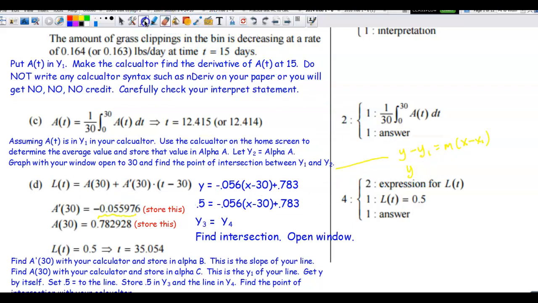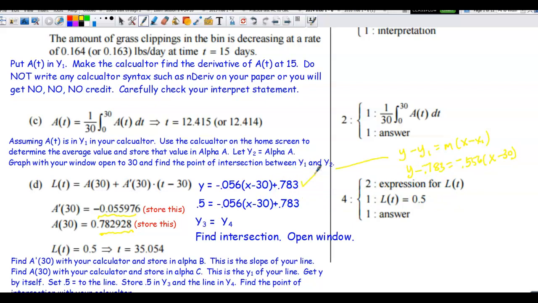So a of 30, I wasn't reading very carefully, is 0.7829. We're going to store that long decimal value, but over here on our paper we're going to write 0.783 is equal to the m value that we found off the calculator, which is negative 0.556 times x, and you can do t or x, minus 30. Then I'm going to add the 0.783 to the right side.